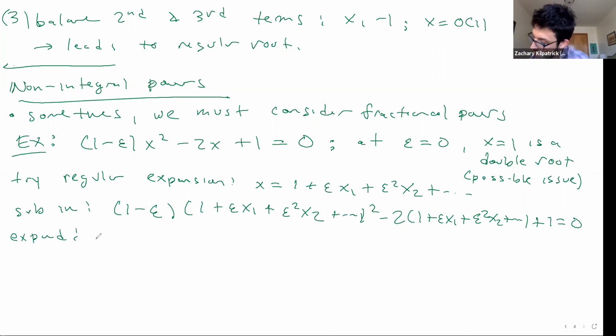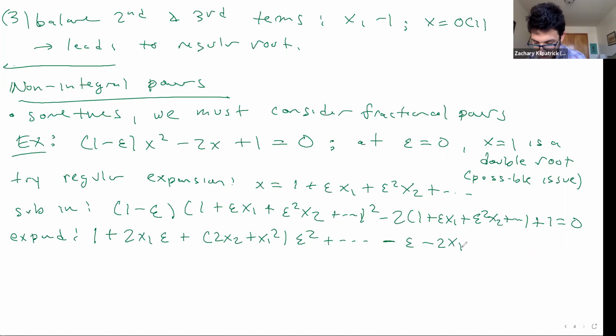In this case, I'm going to get 1 plus 2x1 epsilon plus (2x2 plus x1 squared) epsilon squared plus dot dot dot. That's for my squared terms. Now my epsilon term: this is 1 times all this, and the minus epsilon times all this gives me minus epsilon minus 2x1 epsilon squared plus dot dot dot, skipping down to the next line.